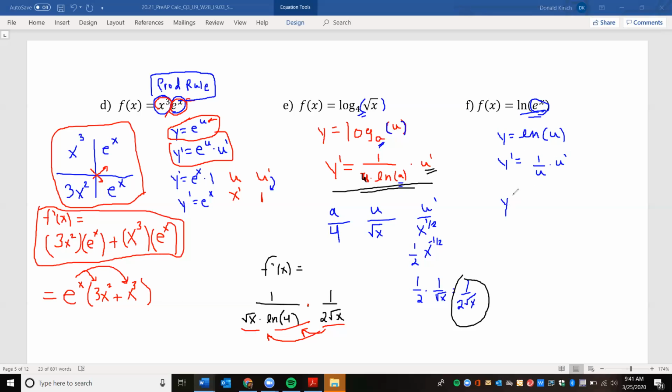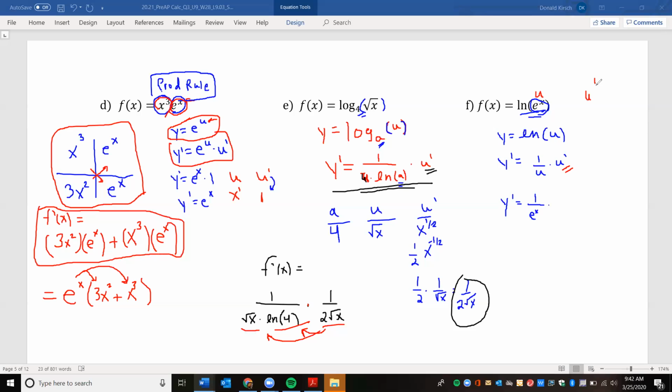So I'm going to have y prime equals 1 over e to the x times, now I'm going to need to actually get u prime. So if this is u here, I need to find u prime.